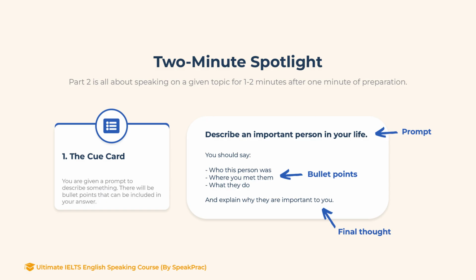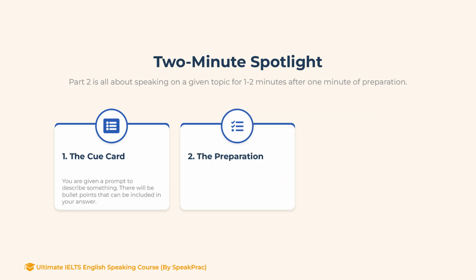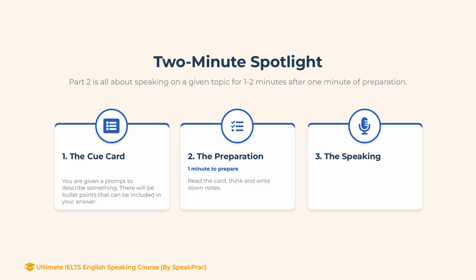Now, here's how the timing works, and this is crucial for the IELTS Speaking Part 2 time limit. You get exactly 1 minute to prepare. You can use this minute to read the card, think, and jot down notes. Then the examiner will say, "All right, you can start speaking now." Your job is to speak on that topic for up to 2 minutes.